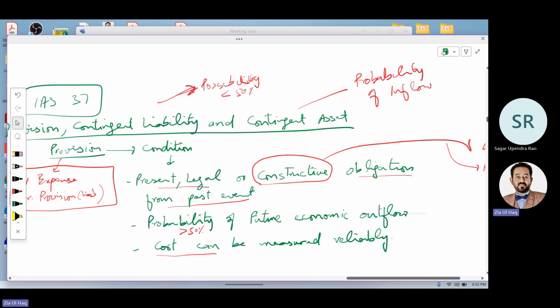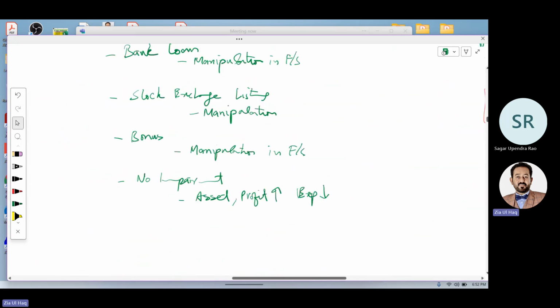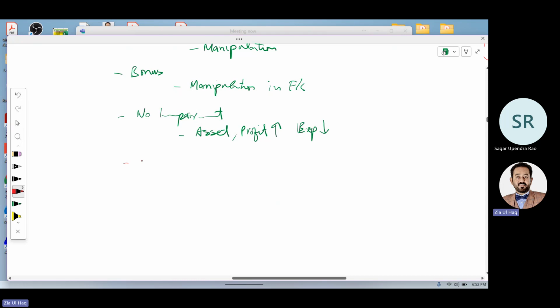And if the company is not recording a provision, expenses and liabilities could be understated and profit overstated. So this is another example. In case of no provision, expenses and liabilities would be understated and profit overstated.